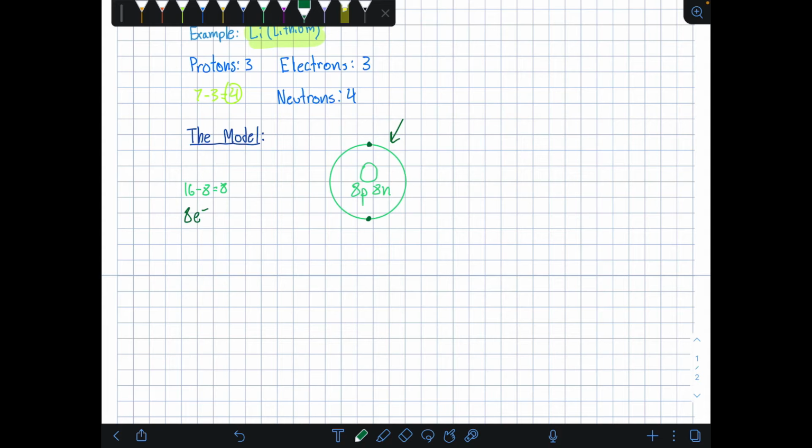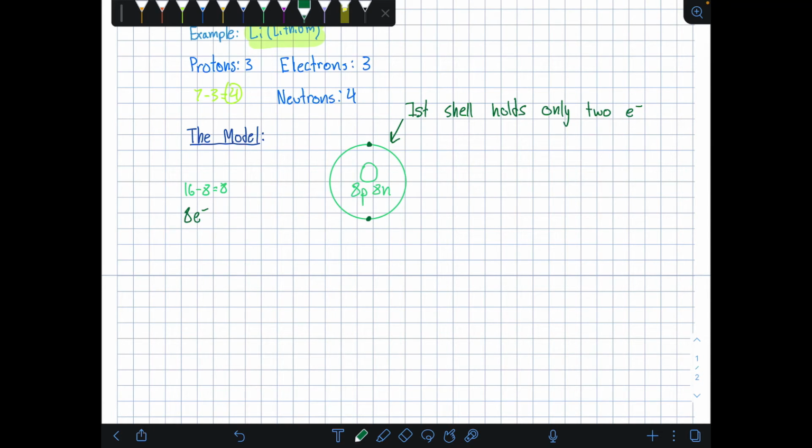That's it. Your innermost energy level, or shell, of your atom in your electron cloud holds 2 electrons in the Bohr model. So the first shell holds only 2 electrons.